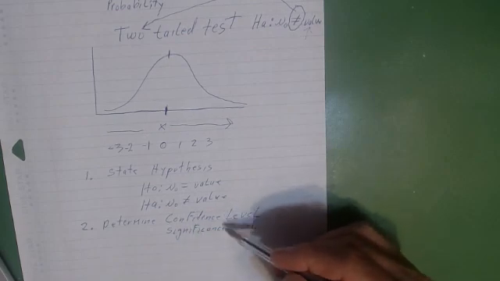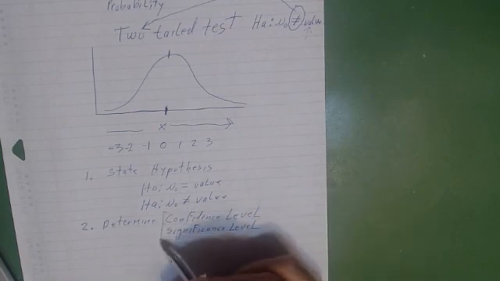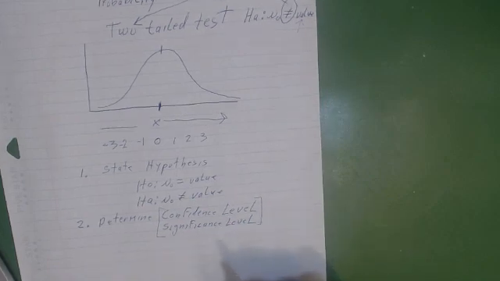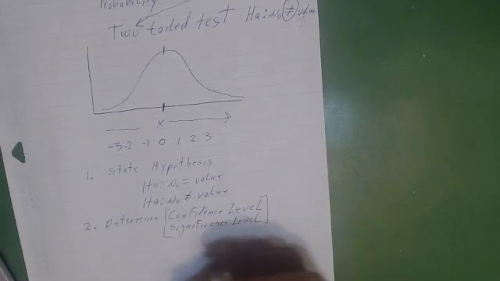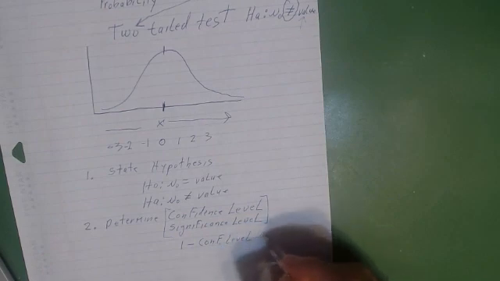So you can use either one of these to communicate the confidence level or significance level that you're talking about, okay? And remember, it's 1 minus the confidence level equals the significance level.